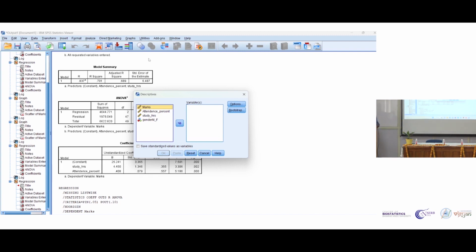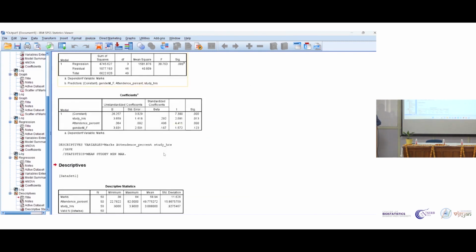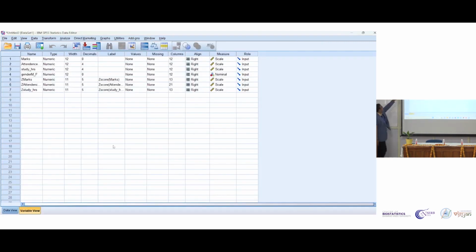ओके. सो मार्क्स, अटेंडेंस, स्टडी आवर्स एंड टिकट एंड क्लिक ओके. अब आप अपनी डेटा फाइल देखो. जेड मार्क्स, जेड अटेंडेंस एंड... अगर आप इसका मीन और एसडी मांगोगे, मीन विल कम 0 एंड एसडी विल कम 1. ओके, certainly.